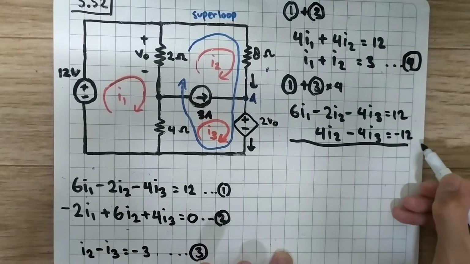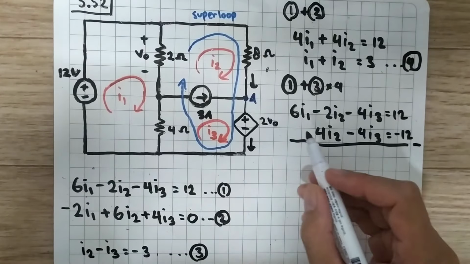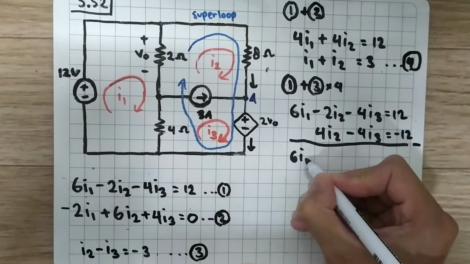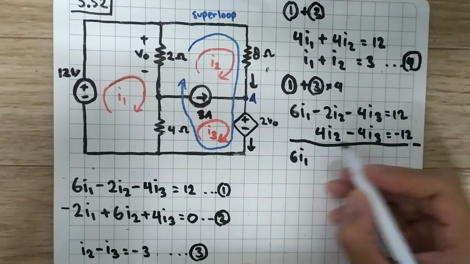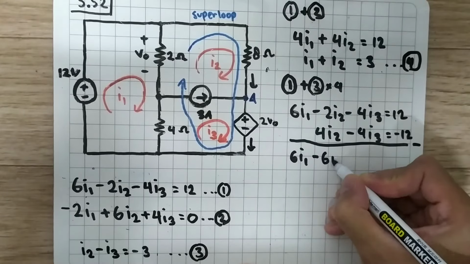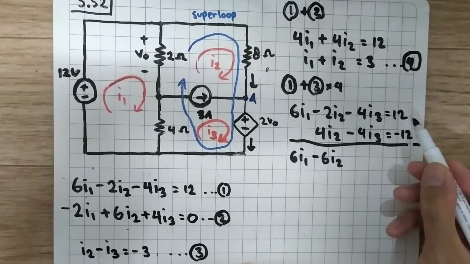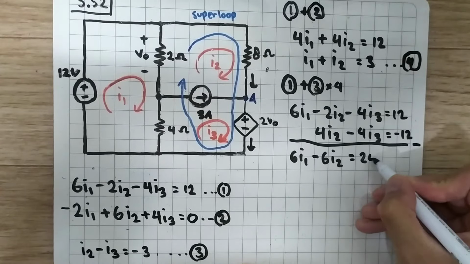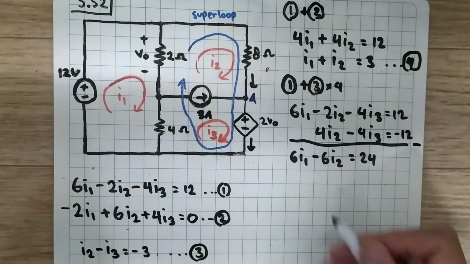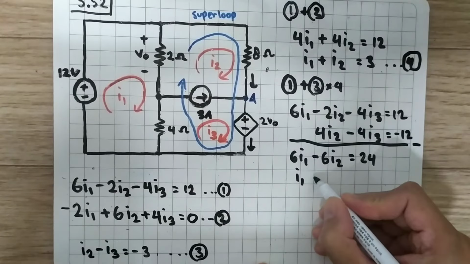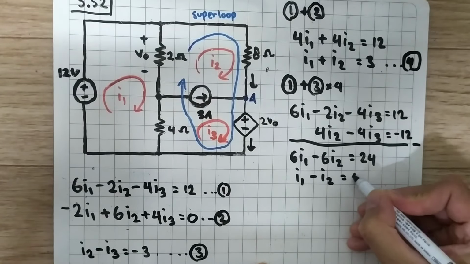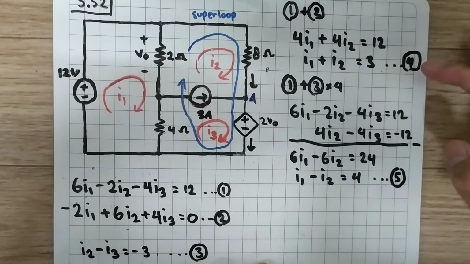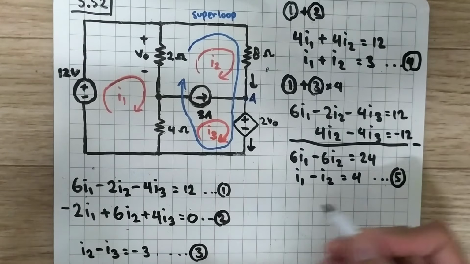And here we subtract, so I will have 6 minus 0, that will be 6 I1, and then minus 2 minus 4, it's minus 6 I2, and here this will cancel each other, and this one will equal to 24. Or we can say that I1 minus I2 is 4. Let's have this as equation number 5.